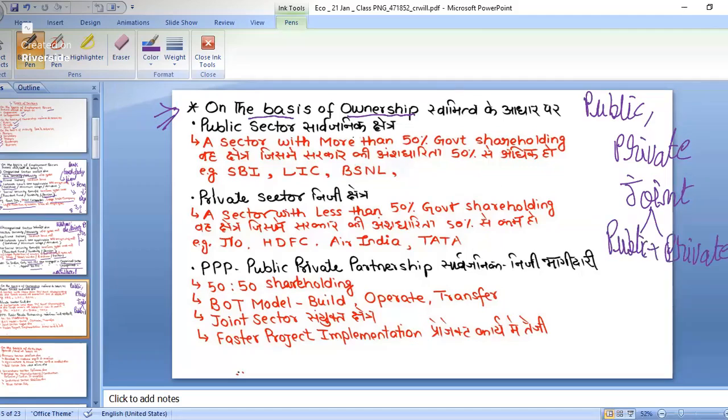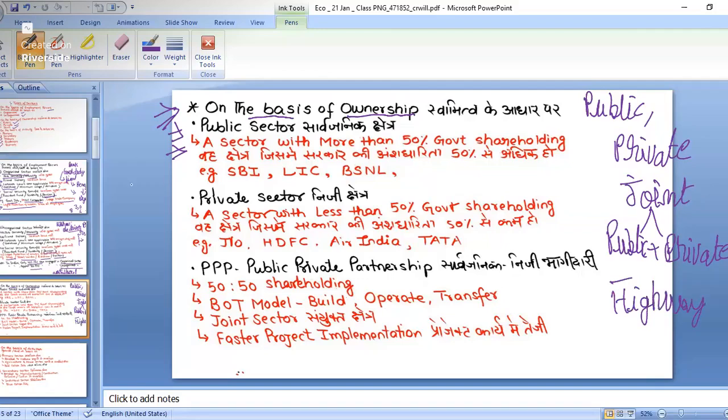First we'll see the public sector. A sector with more than 50% government shareholding is known as the public sector. Highway construction, for example, we will understand in the joint sector.